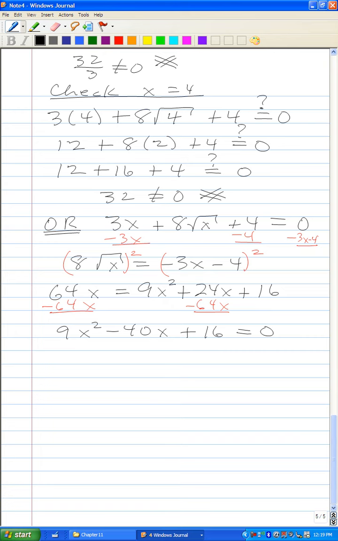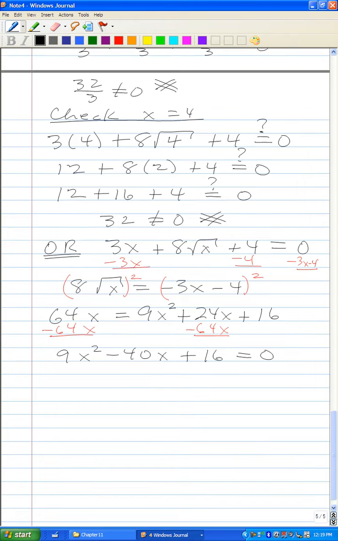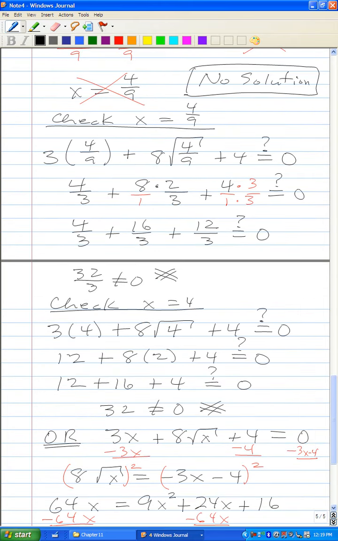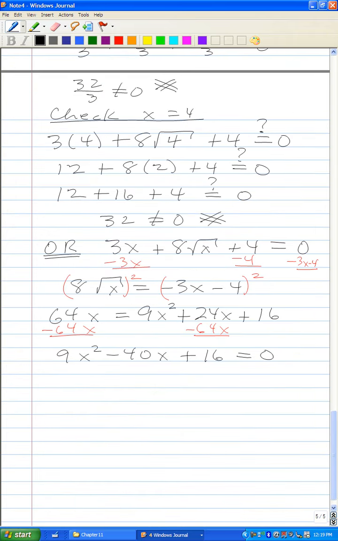Okay. So, let's see, let's try to do this. So I get here 9x squared minus 36x minus 4x is minus 40x plus 16 equals 0.